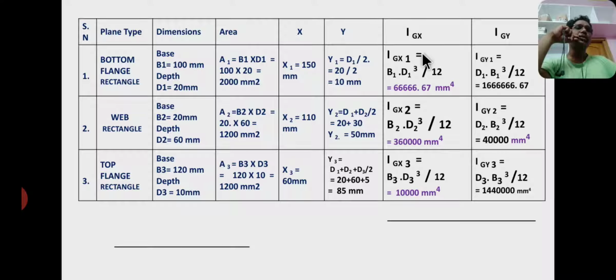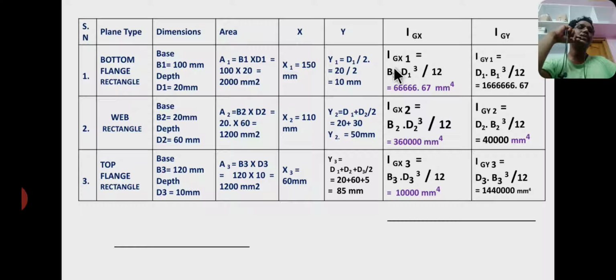From previous slides we have already discussed the basic formulas. The area moment of inertia about the centroidal axes, IGX and IGY, equals BD cube by 12 and DB cube by 12 for a rectangle. Similarly, sections 1, 2 and 3 are rectangles. Therefore BD cube by 12 for each section for IGX, and DB cube by 12 for each section for IGY.